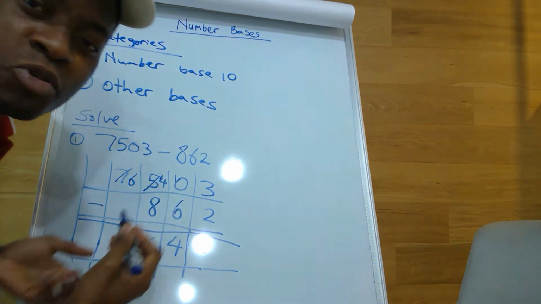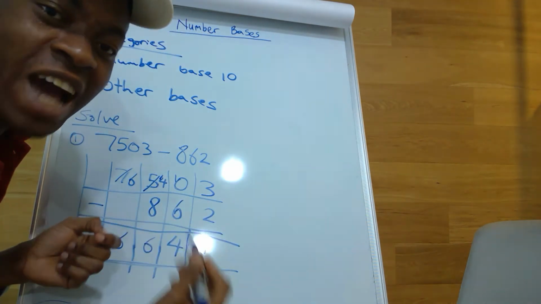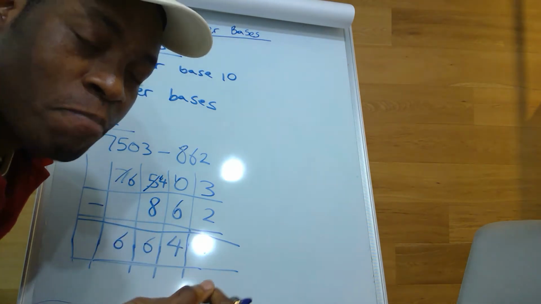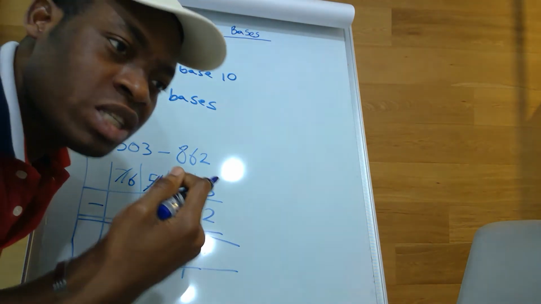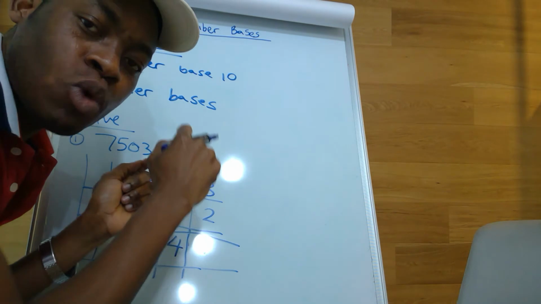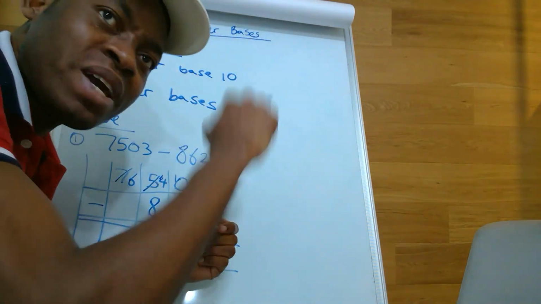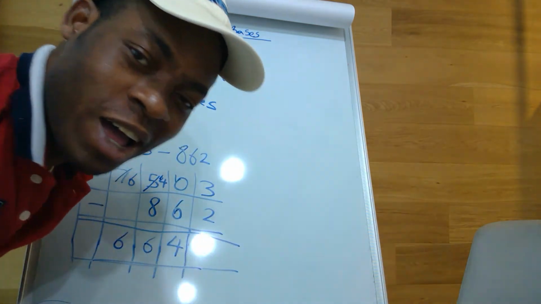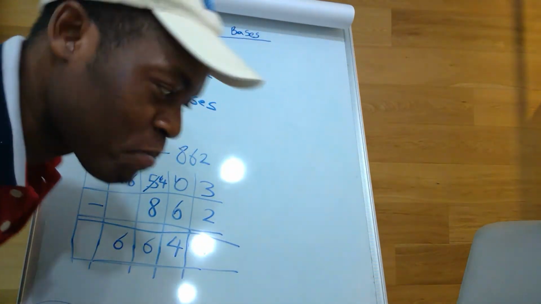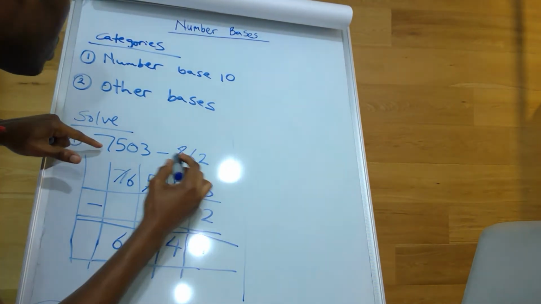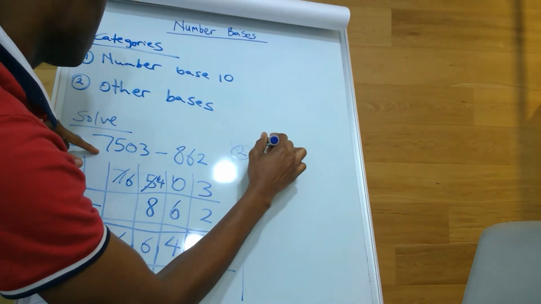Because anytime we borrow 1, we add 10 to the next number. Because we are working in base 10. If we are working in base 3, if you borrow 1 and you want to transfer the 1, you will not transfer the 1. You will add the base to that number. Are we together now?